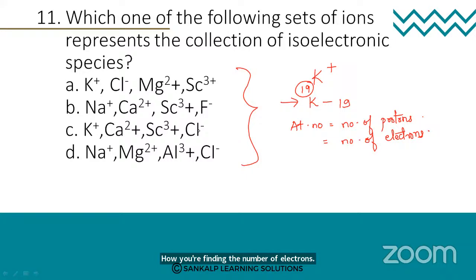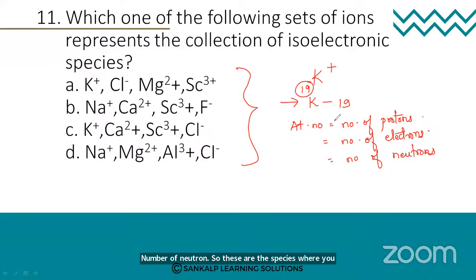Which is the formula? So the number of electrons and the number of neutrons are the quantities you have to calculate.